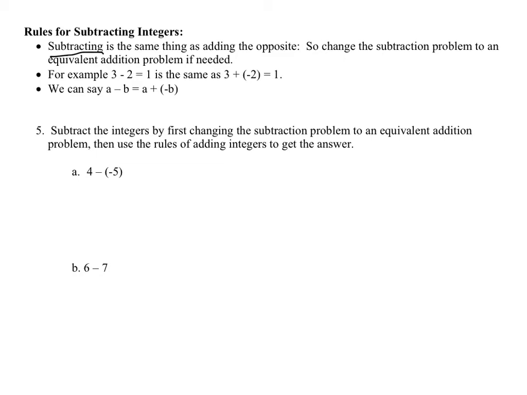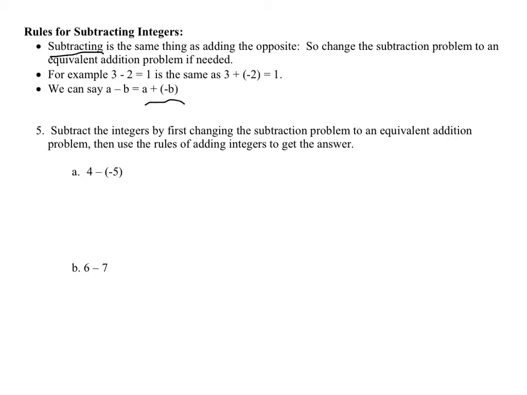In other words, sometimes you can just subtract and you just know the answer, but other times it's more confusing and it's easier to write it as an addition problem. And this second piece says 3 take away 2 is 1, and we know that. It's the same as 3 adding the opposite of 2, which is negative 2, and we get 1.